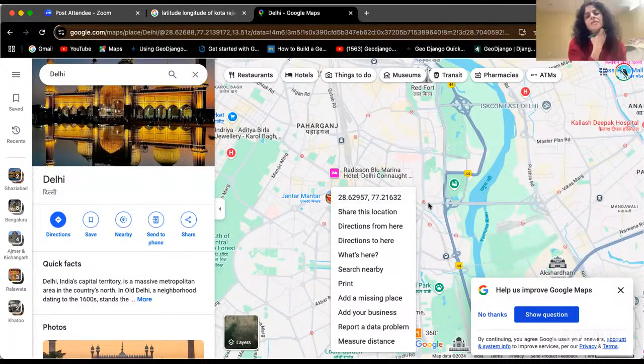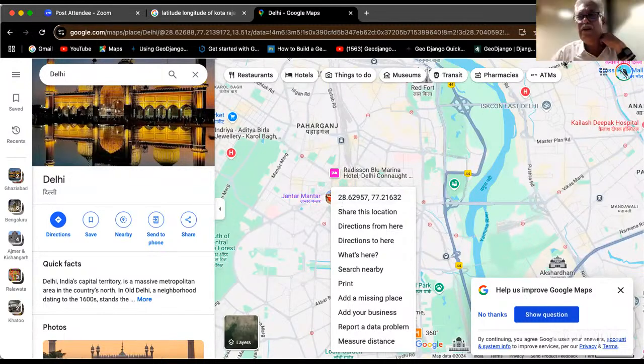Similarly, 77 degree and 0.21632 multiplied by 60 will give you minutes. So it will come around 13 minutes or something like this. That will be the longitude, and the first 28 will be the latitude and 77 will be the longitude.